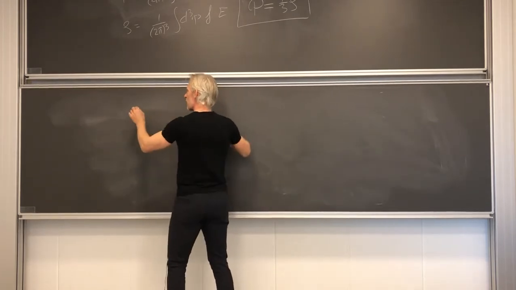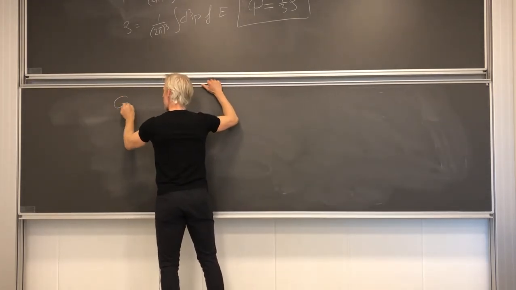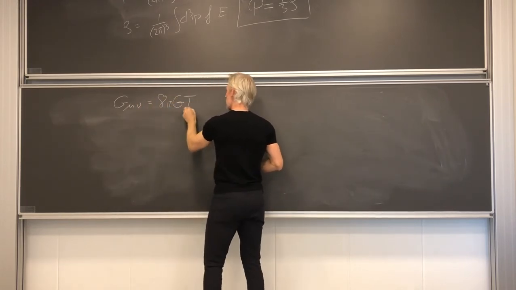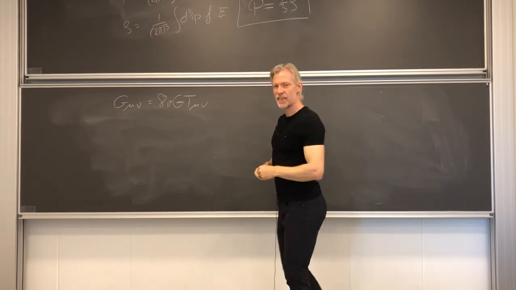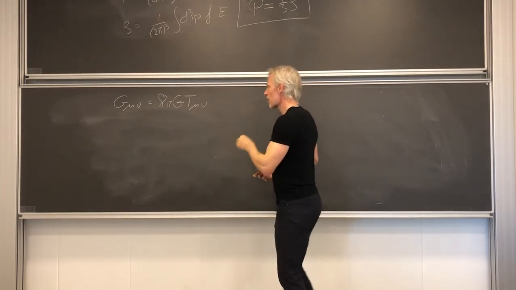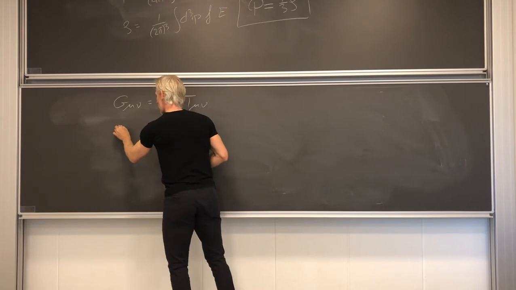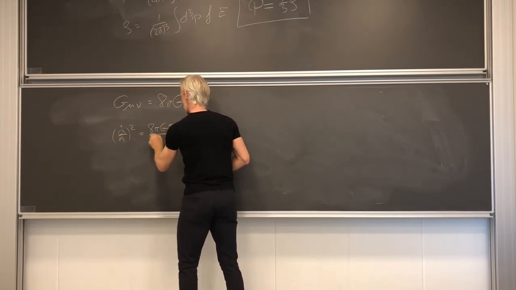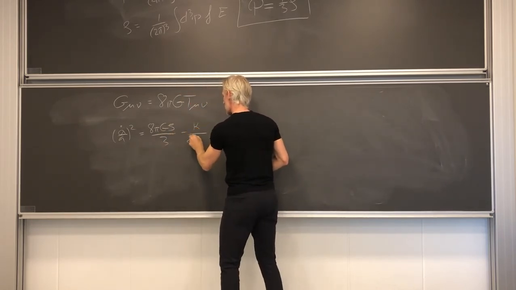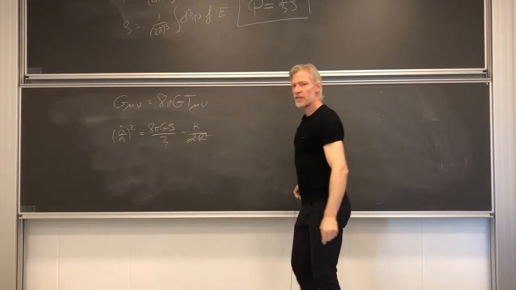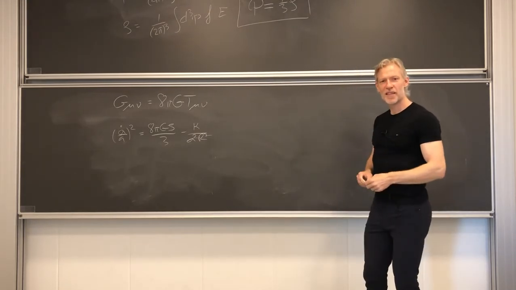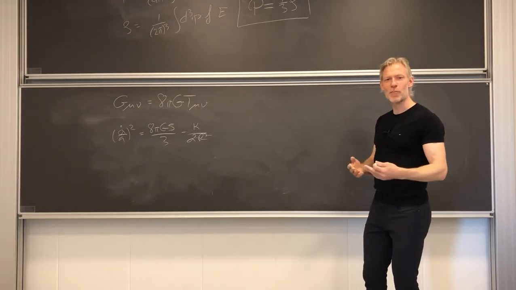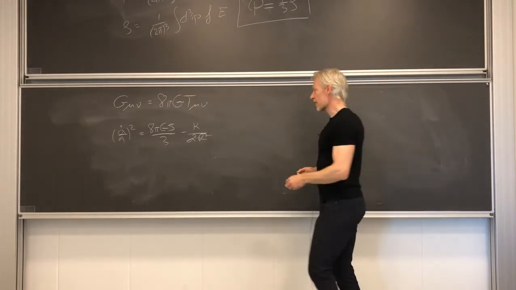So if I write it out now, going back to the Einstein equation for just a minute, this is the way we normally write it. And we know that this leads to the Friedmann equation, like this. But in fact, Einstein very quickly discovered that it's possible to put yet another term in the Einstein equation. You can think of this as a boundary term or an integration constant.